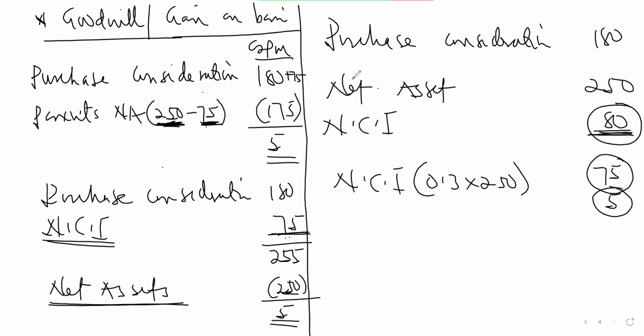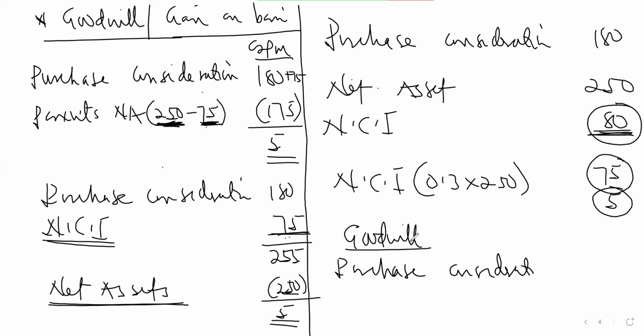And the goodwill calculation over here will be the purchase consideration, which is 180. Then you have the net asset of the subsidiary.